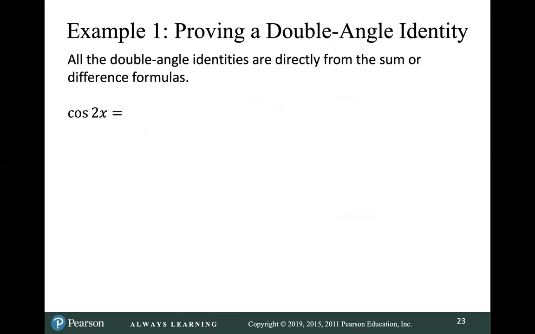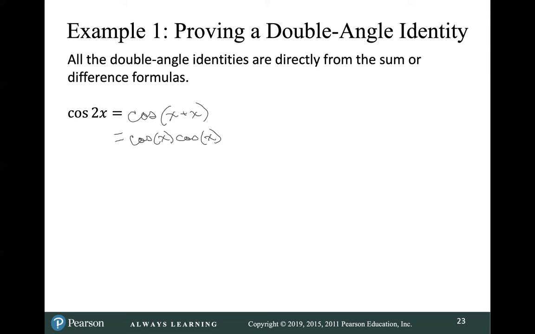So let's go ahead and prove a double angle identity coming directly from the sum or difference formulas. If I'm looking at cosine of 2x, I can write that as cosine of x plus x. The cosines go together, so I get cosine of x times cosine of x.